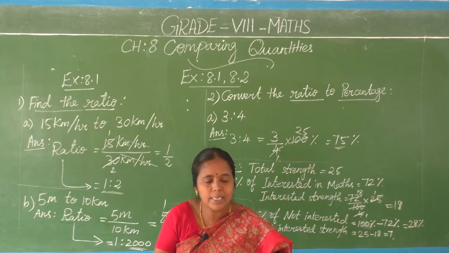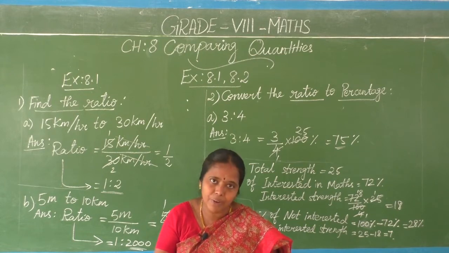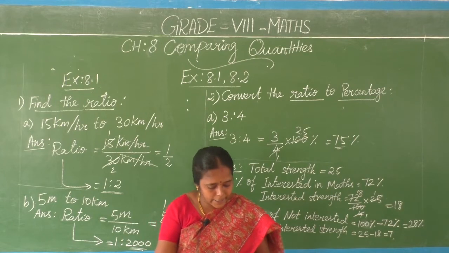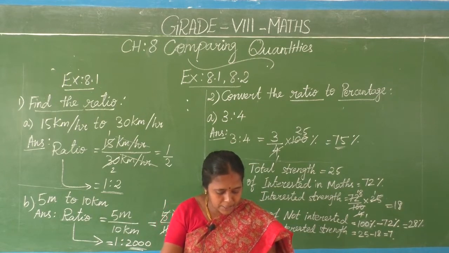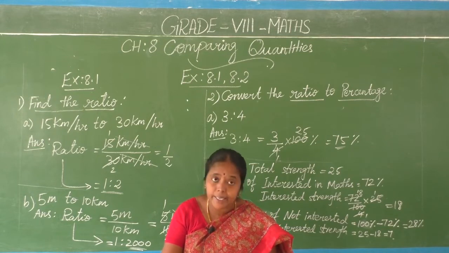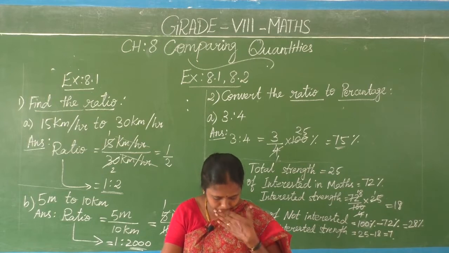Based on that, now we are going to see exercise sums 8.1 and 8.2. In 8.1, all are familiar sums only, that we will see now. In exercise 8.1, first section, find the ratio of the following. First question: the speed of a cycle is 15 km per hour to the speed of a scooter 30 km per hour.